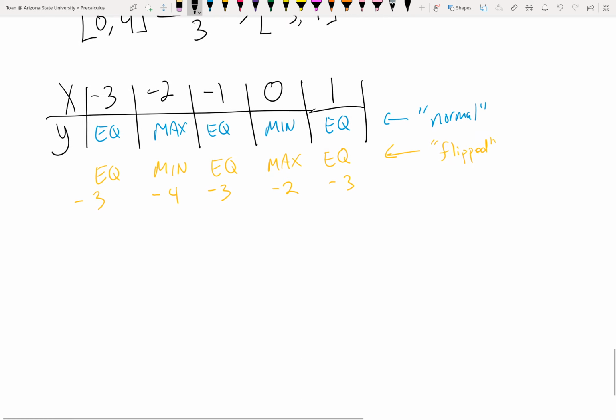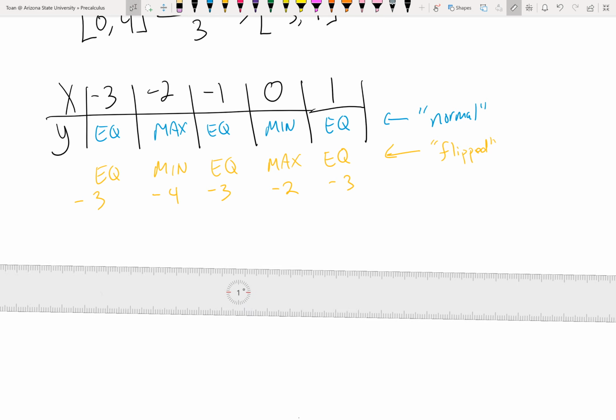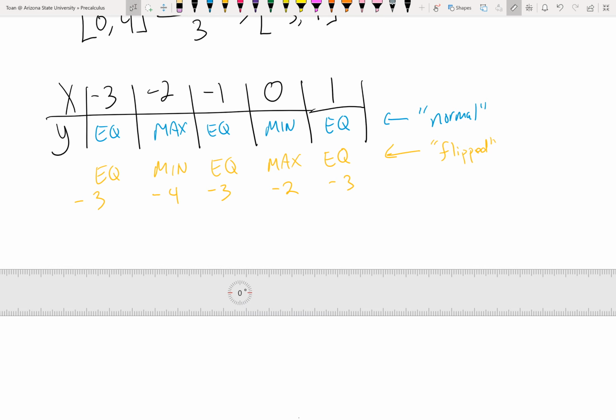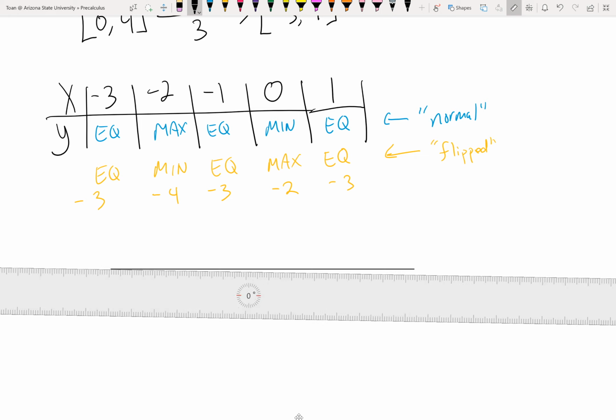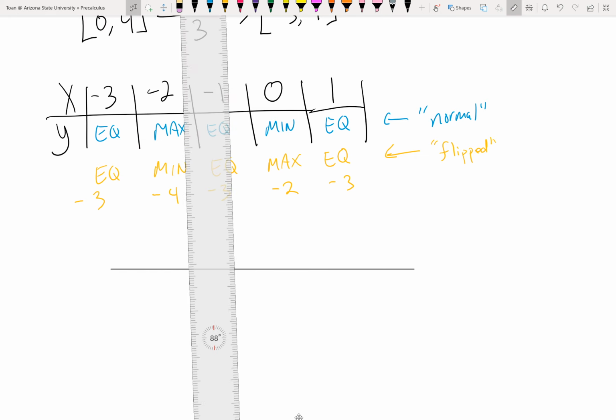Just make your trig graph. So let's see, I need some positive and negative x's, but I don't need any positive y's, so I'll just make it all on the bottom here.